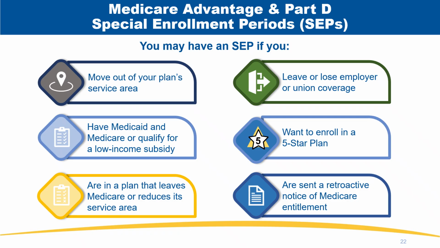Leave or lose employer or union coverage. Want to enroll in a 5-star plan. This is where you have quality ratings of 5 stars across the board. You can enroll into that plan and that plan only for that period. If you are sent a retroactive notice of Medicare entitlement.